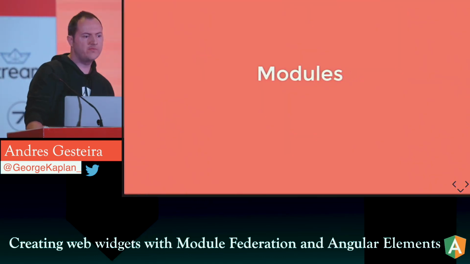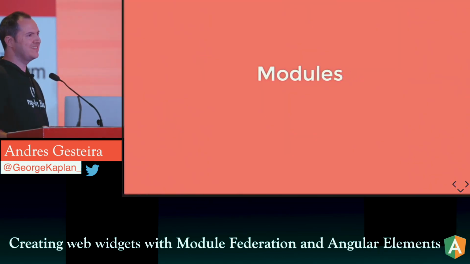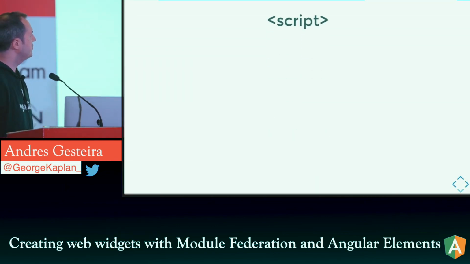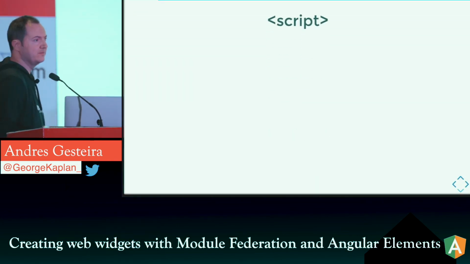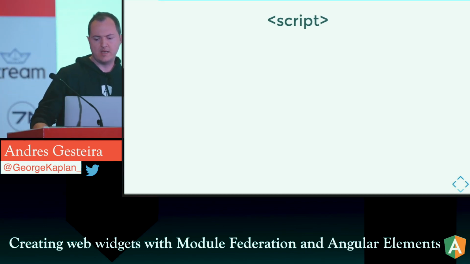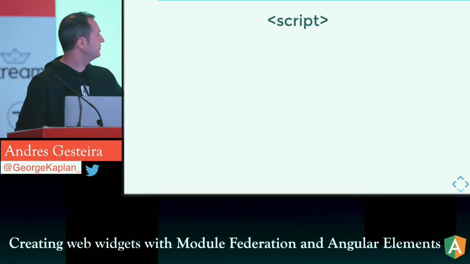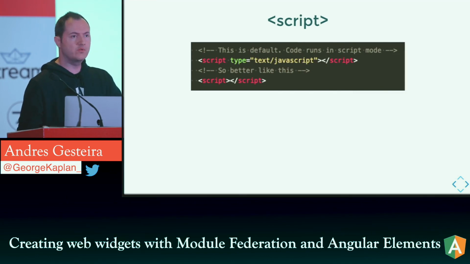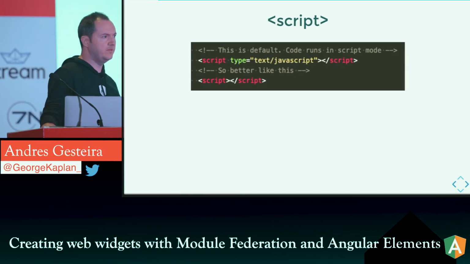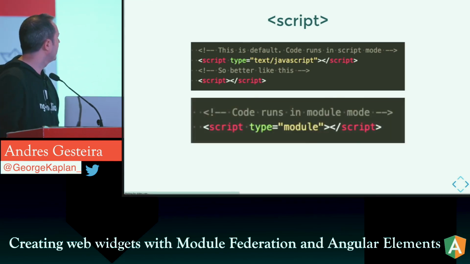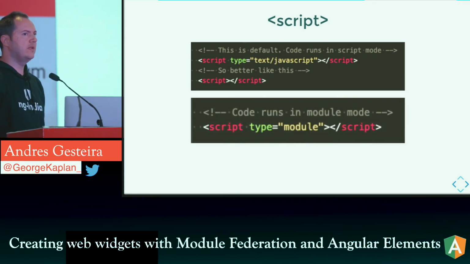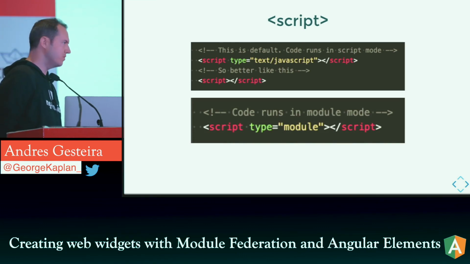So first of all, before I explain about Module Federation, let's understand what a module actually is. You all know the script tag, right, in HTML. The script tag has a type attribute that by default is text/javascript, which we are encouraged to leave empty, right, because it's the default. And then there is another, which is called module, and it makes the script run in module mode.